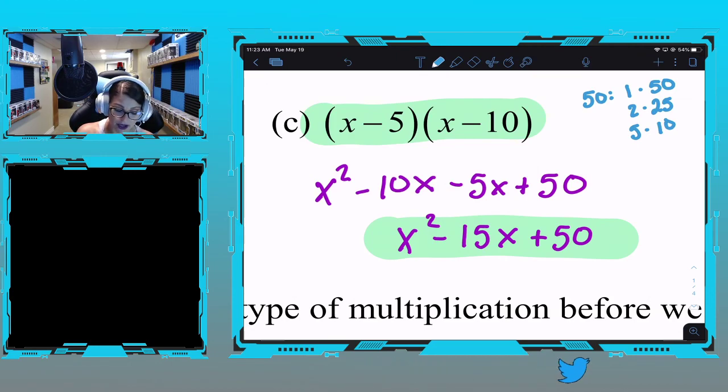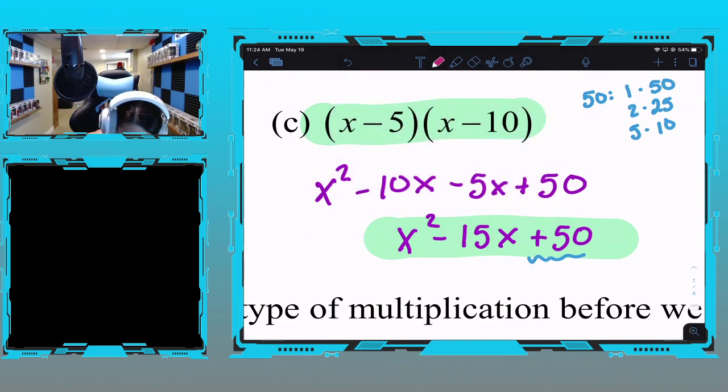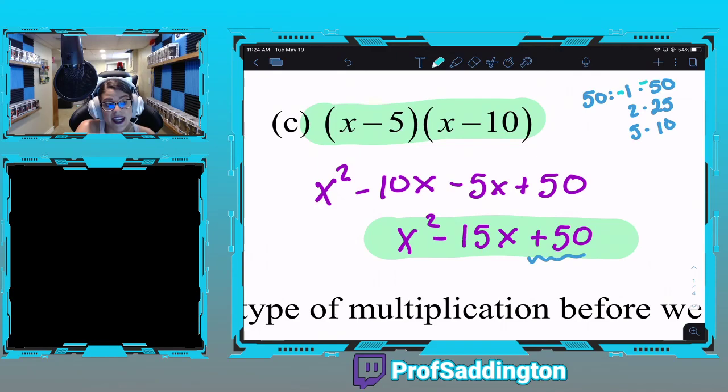Well, when I multiply to get a positive, that means my signs must be the same, because a negative times a negative will give me a positive. So negative 1 times negative 50 will give me positive 50. Negative 2 times negative 25 will give me positive 50. And negative 5 times negative 10 will give me positive 50.